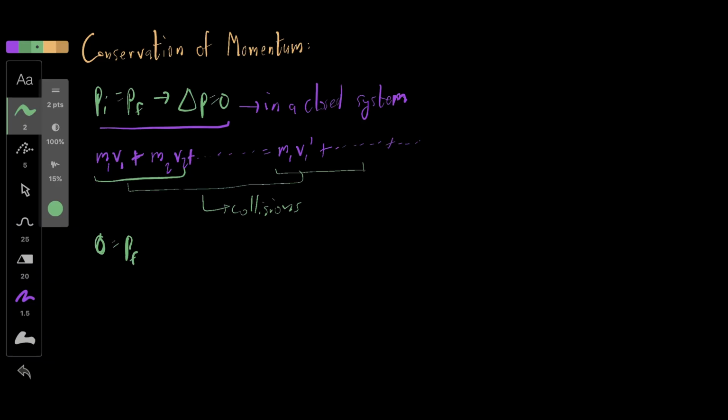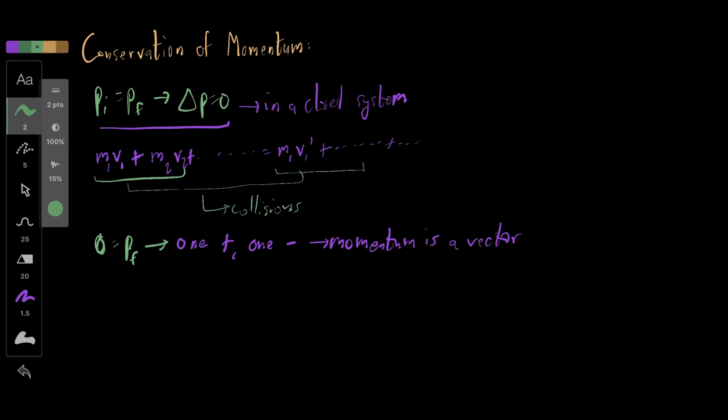But you can't have two positive velocities, so we're going to have one positive and one negative velocity, or one positive momentum and one negative momentum. And again, this reinforces the idea that momentum is a vector. It is not a scalar like energy. That's also what makes it different.